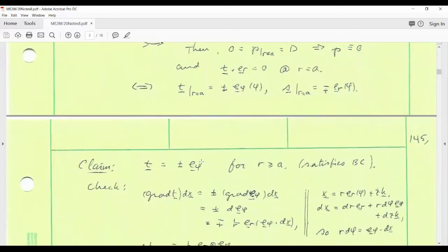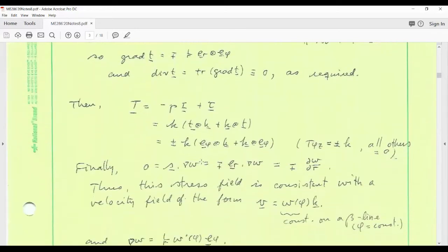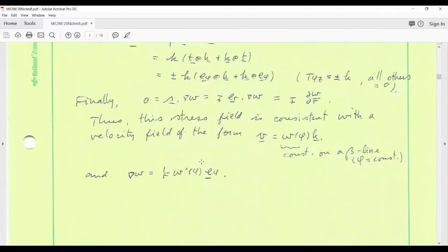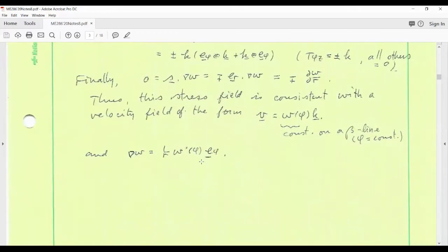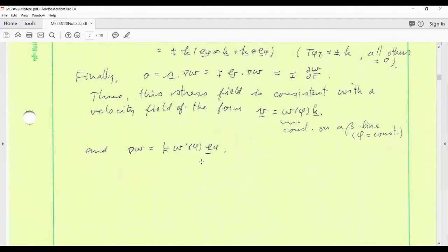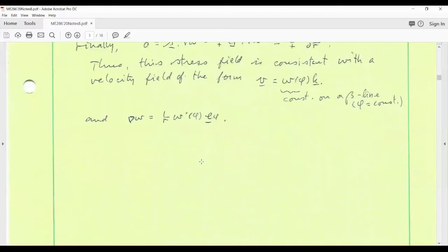I'm hoping you can construct a velocity field consistent with that if you simply repeat this procedure, but with a slightly more general result. So I'd like you to also construct the velocity field consistent with that boundary condition as posed in your homework.